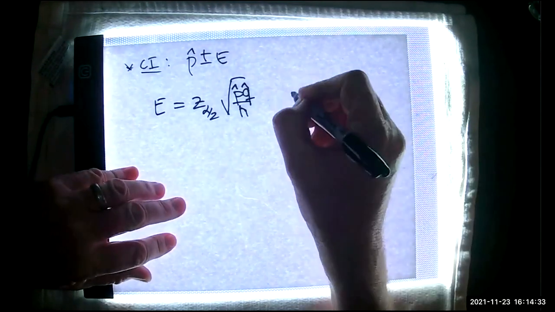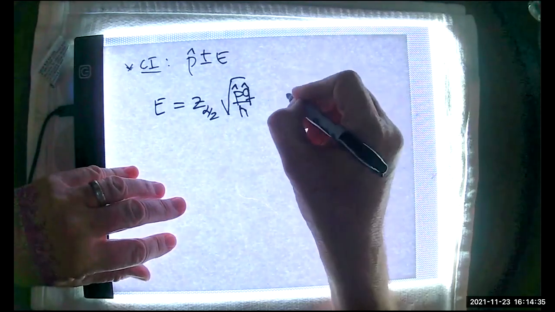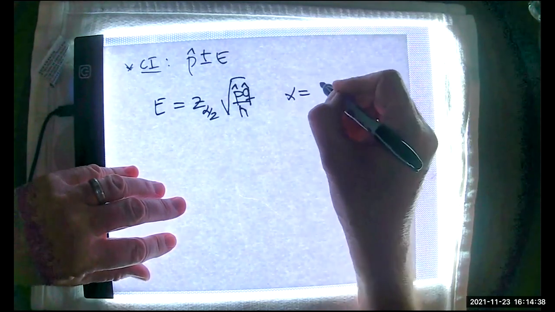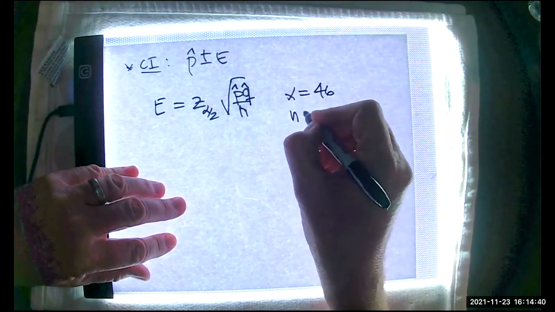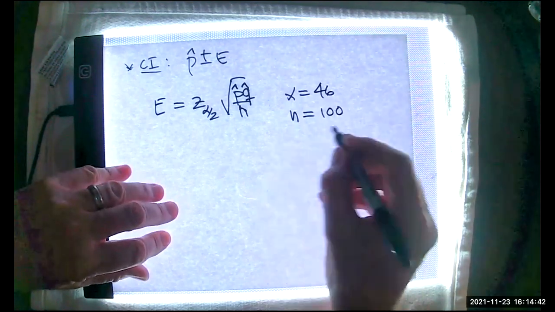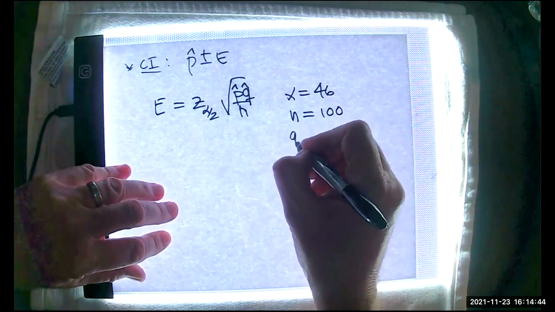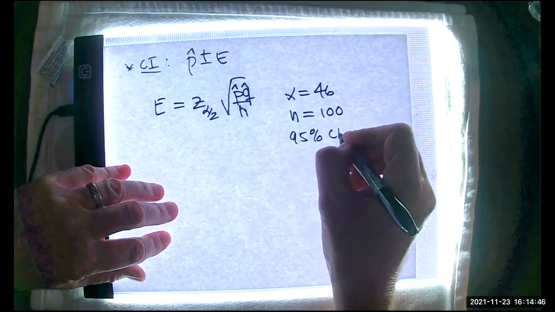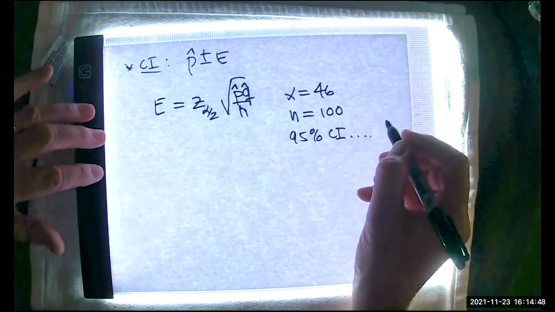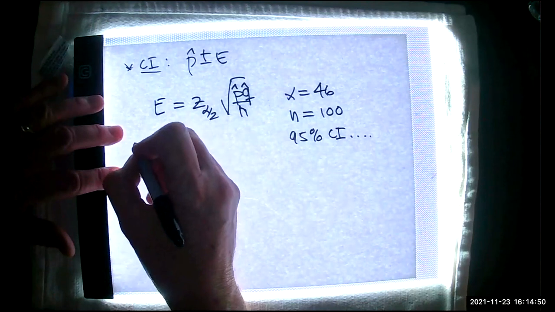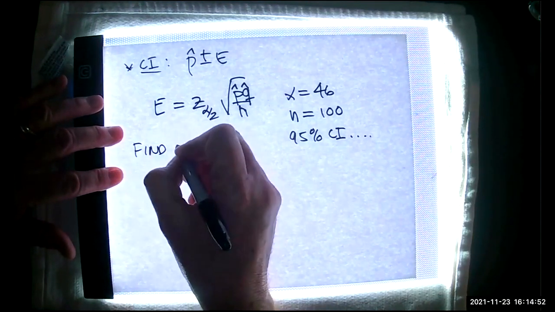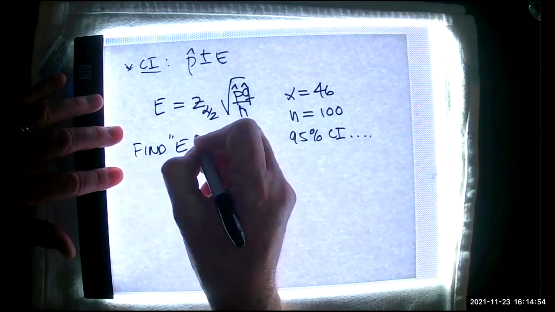It is conceivable that if I give you data, say x is equal to 46, n is equal to 100, and we're working with a 95% confidence interval, I can ask students to find the margin of error E.